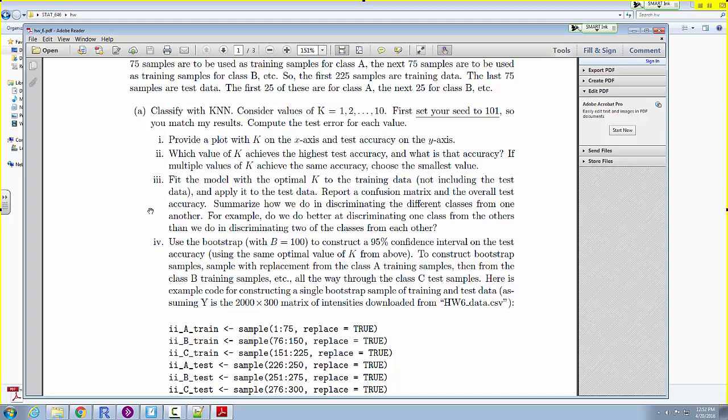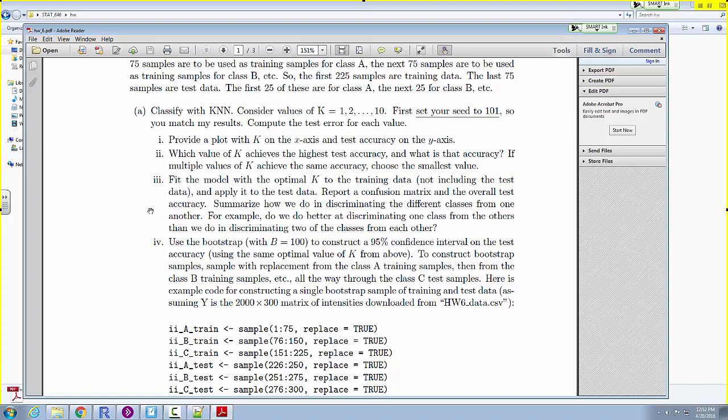I'm not going to pick one of those models that we already fit. Actually, you just go pick the one that you already fit. So for the different values of K, you fit those KNN models, get test accuracy, and then in part 3, if you stored all those models for K equal 1 to 10, then you have that model already fit.